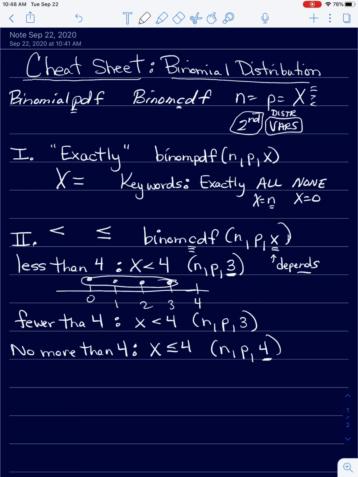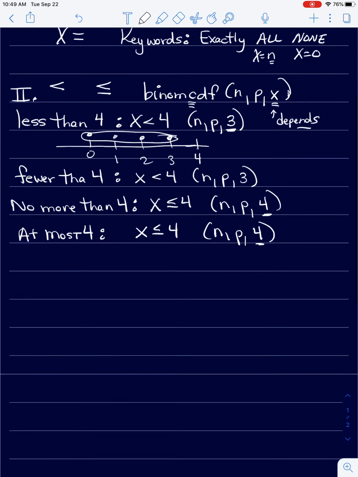And then lastly, at most 4. That sounds like the same thing to me again. Less than or equal, so an N, a P, and then 4 on the end. So that would be your second situation. This time instead of equals, it was less than or equal to, pointing to the left.